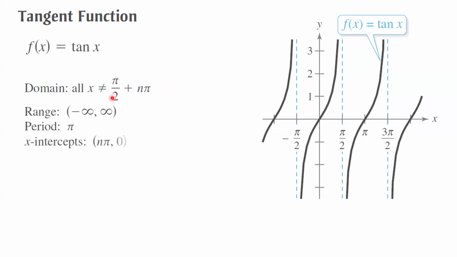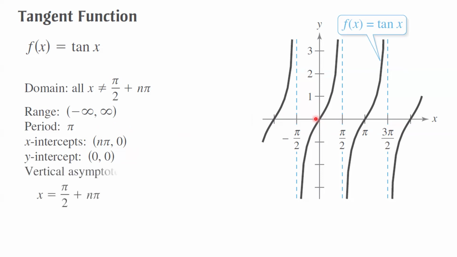X-intercepts, well, all of these points where the graph hits the x-axis are x-intercepts. You have pi, 0, -pi, 2 pi, -2 pi. These are all x-intercepts, or the values that make sine equal to 0. It has 1 y-intercept at the origin.